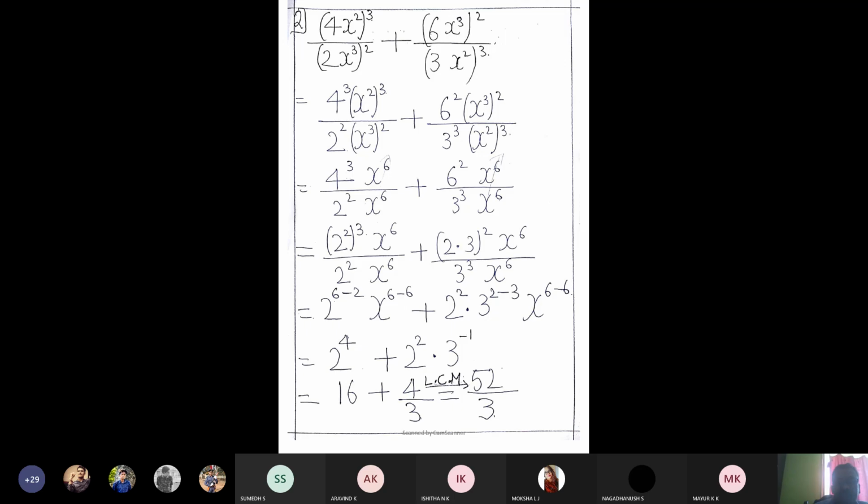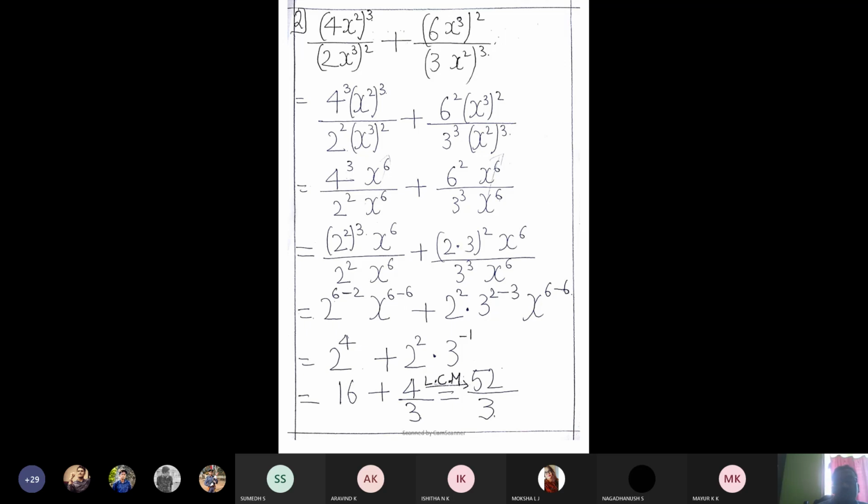After that, this is 2 power 2. Now 3 to the power of 2 minus 3. This is 3 to the power of minus 1. Followed? You can stop your answer at this point.